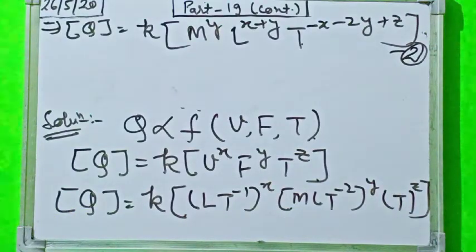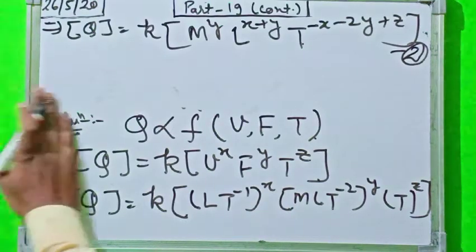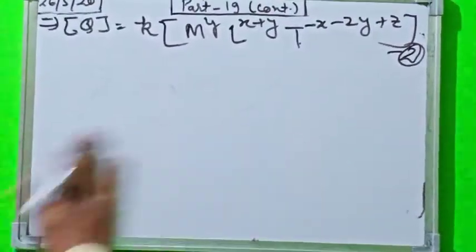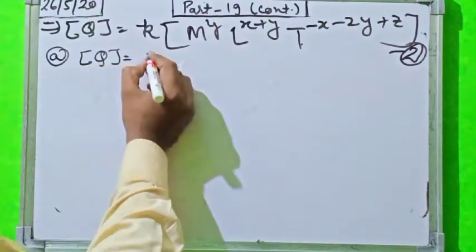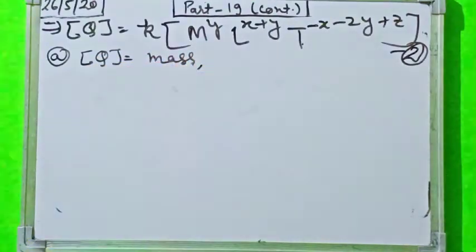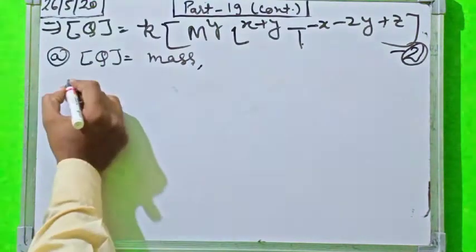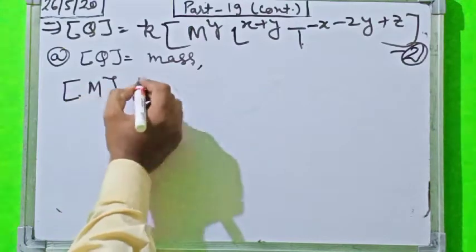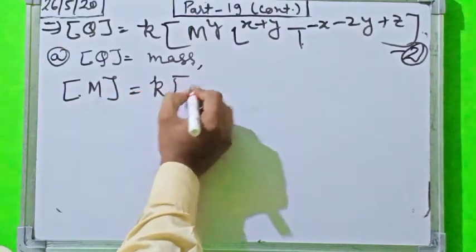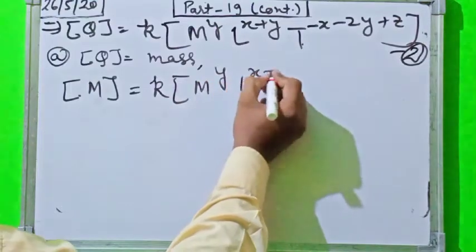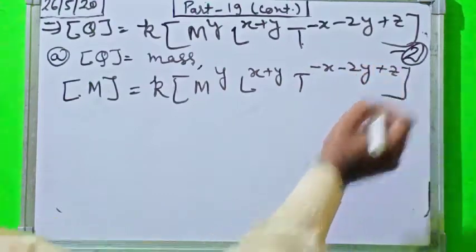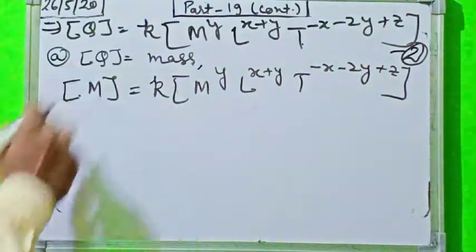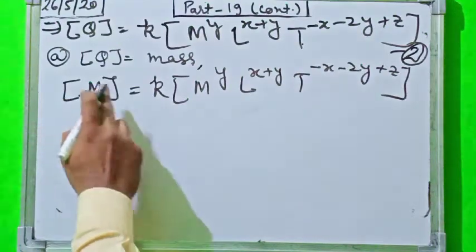Now the question is asking, find the dimensional formula for mass and energy. So first of all, in section A, we will consider Q as mass. Since we are considering Q as mass, it is M = K M^y L^(x+y) T^(-x-2y+z). Now look here, the power of M is 1.